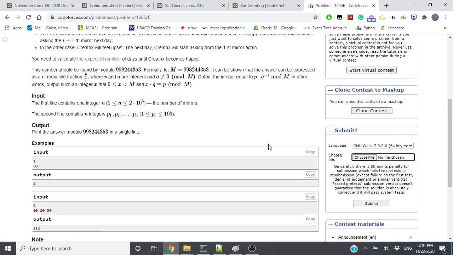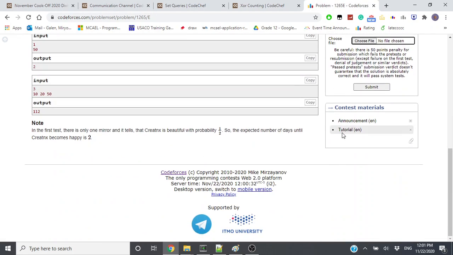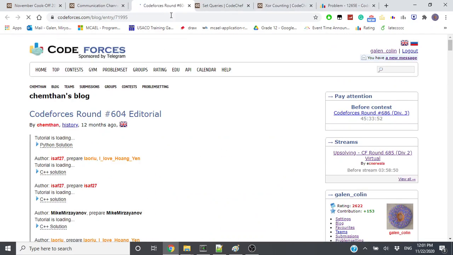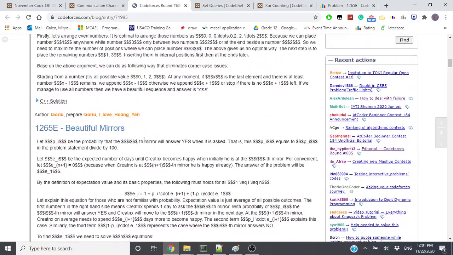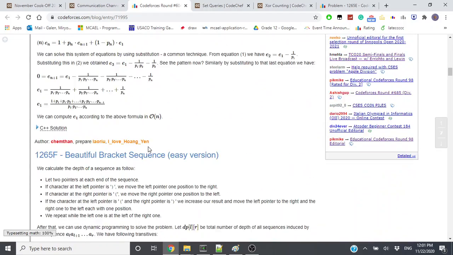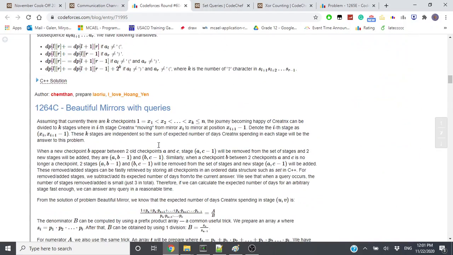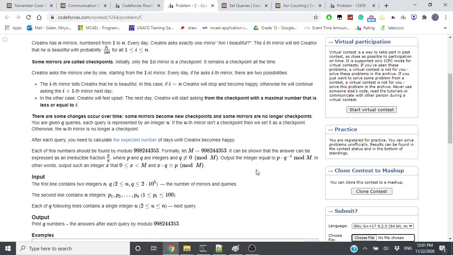Let's look at their formula, because why not. This one has checkpoints, so that's even more interesting. Oh, I see.